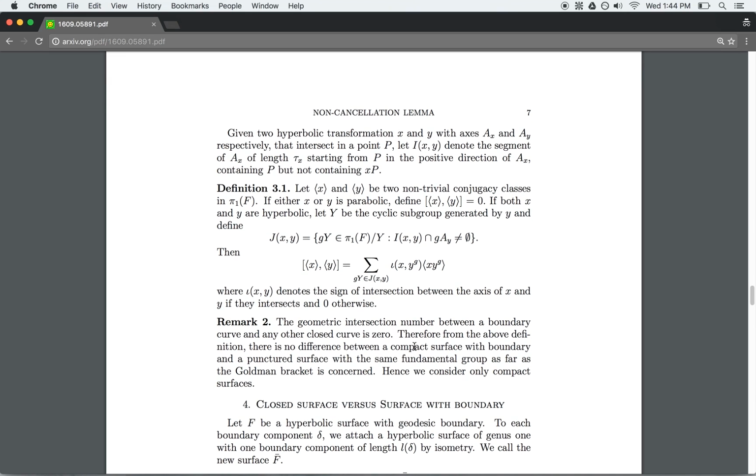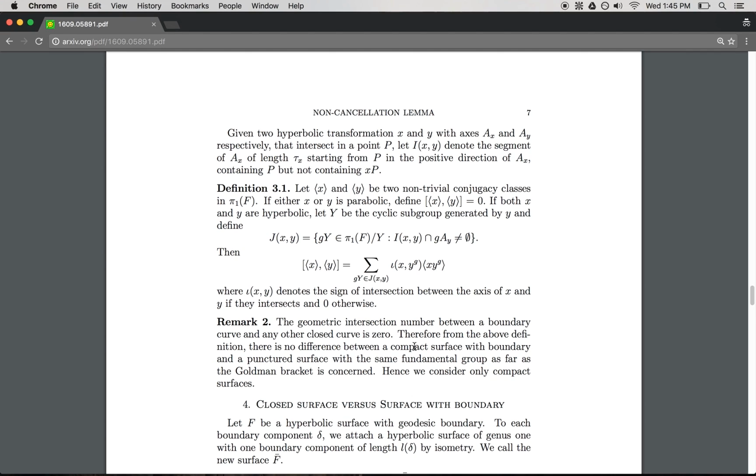Non-cancellation lemma. Given two hyperbolic transformations, x and y, with axes A_x and A_y respectively, that intersect in a point P, let I(x,y) denote the segment of A_x of length τ_x starting from P in the positive direction of A_x, containing P but not containing x times P. Definition 3.1.